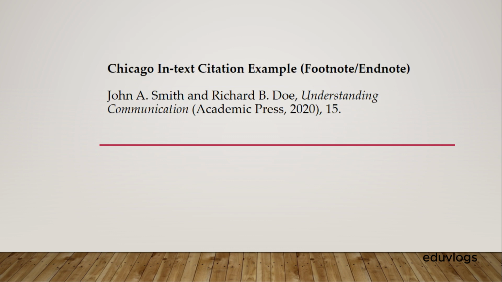Then for in-text citation, footnotes and endnotes, all you need to do is to say John A. Smith and Richard B. Doe, Understanding Communication, Academic Press, 2020, 15. That's for footnotes and endnotes following the Chicago style.